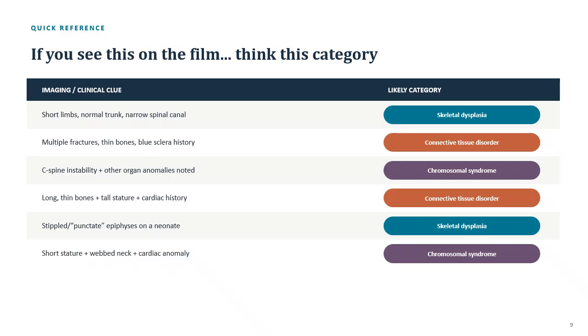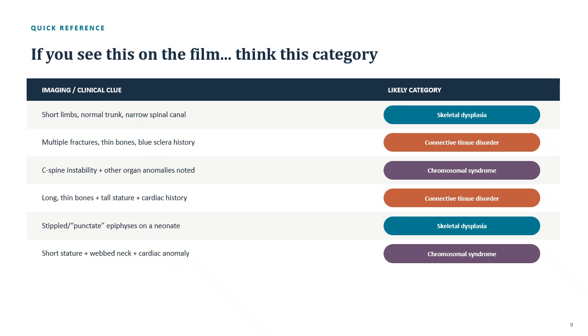If they have short stature combined with a webbed neck and cardiac abnormality, that might suggest a chromosomal syndrome such as Turner syndrome.